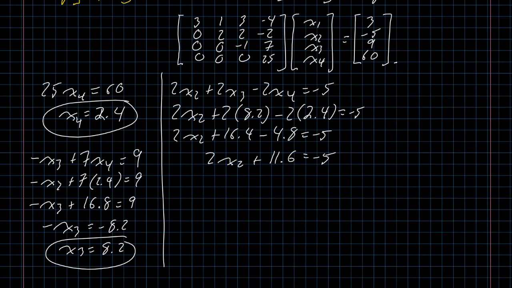Right, 16.4 minus 4.8 is 11.6. Negative 5 minus 11.6 is negative 16.6, and divide by 2, x2 must be negative 8.3.